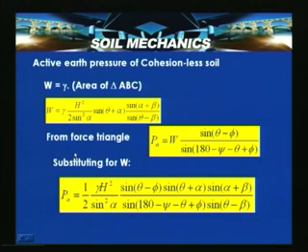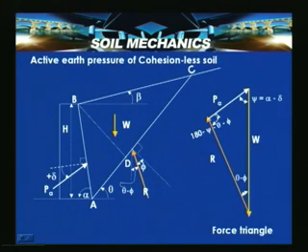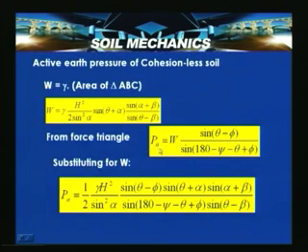Now, from the force triangle, like we have shown in the previous slide, here the force triangle is shown: PA, active thrust, this angle is psi is equal to alpha minus delta, and this is W, that is weight of this wedge, R is the soil resistance along the failure surface, PA is the active thrust exerted by the wall onto the block. So, from this force triangle, now we can write PA is equal to W into sin theta minus phi divided by sin 180 minus psi minus theta plus phi.